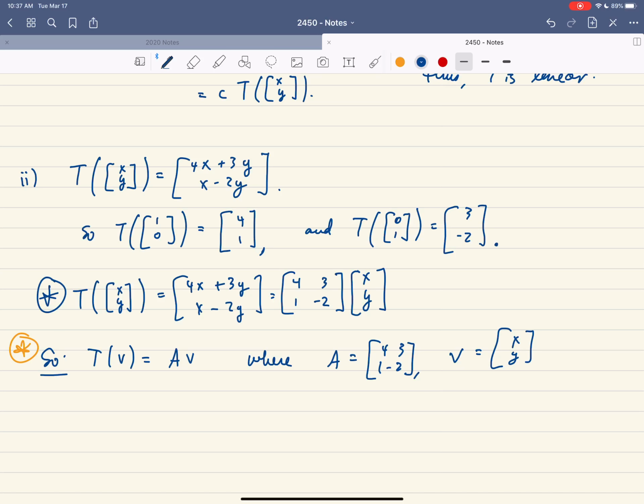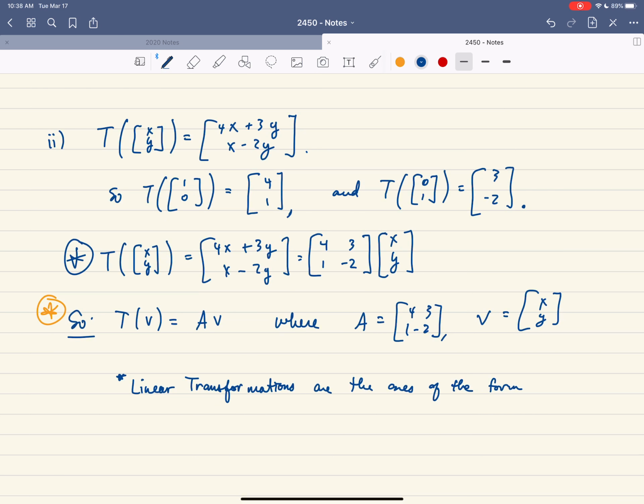So in a strong sense, the linear transformations are exactly the ones of the form T of V equals AV. Okay, so that's exactly the linear transformations that we'll talk about.